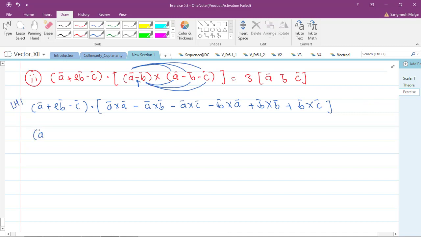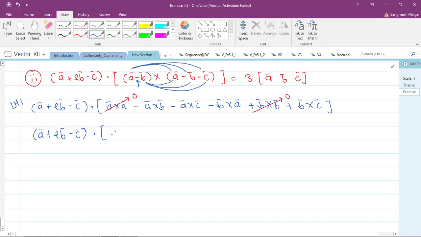So A bar plus 2B bar minus C bar. Now see what can be cancelled out here. See this B bar cross B bar can be cancelled out, 0, and this A bar cross A bar is also 0 because of the same vector cross product. Next what you will get, so this is minus A bar cross B bar, let's make it positive.